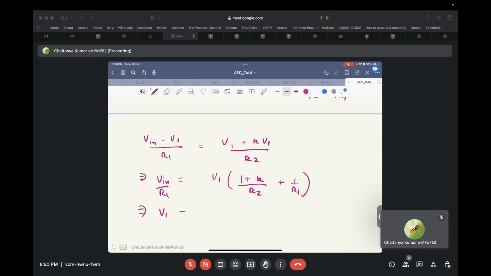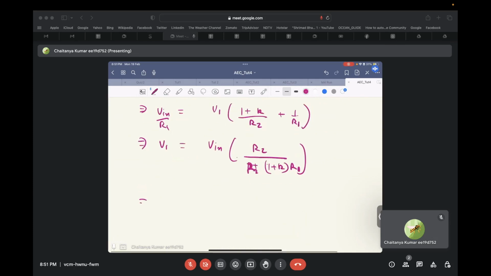So V1 can be written as V in times R2 upon (R2 plus (1 plus K) times R1). That implies V out, which is equal to minus K times V1, can be written as minus of V in times R2 upon (R2 plus (1 plus K) times R1) times K.